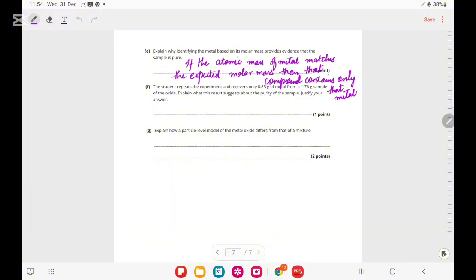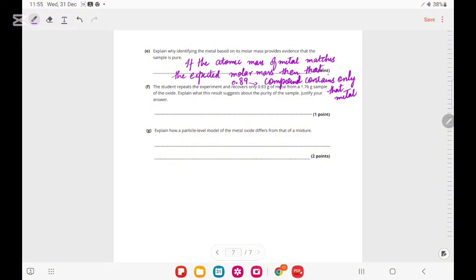The student repeats the experiment and recovers only 0.83 gram of metal from a 1.76 gram sample of the oxide. Explain what this result suggests about the purity of the sample. Justify your answer. So before it was 0.89, but now it is 0.83.